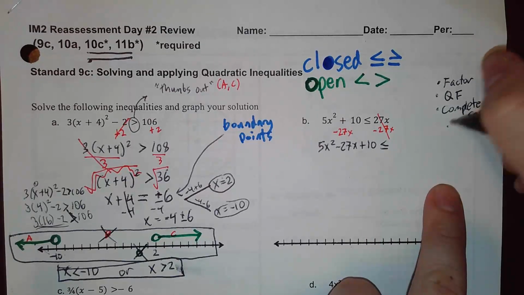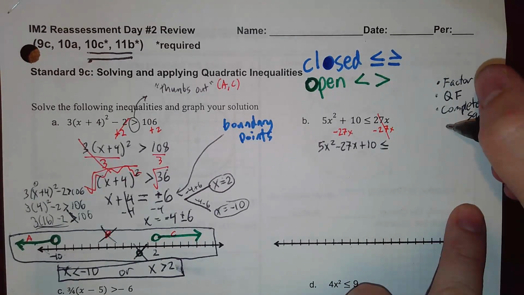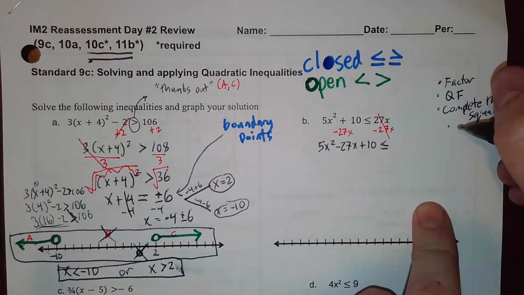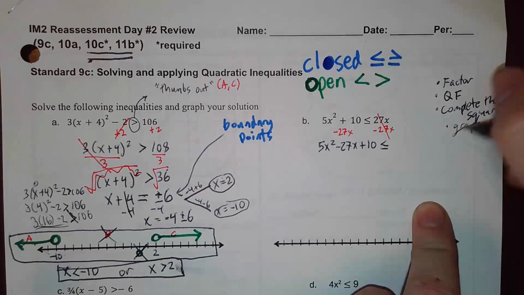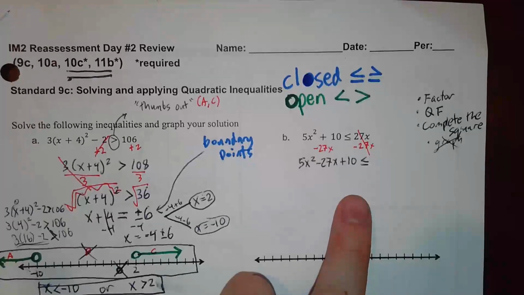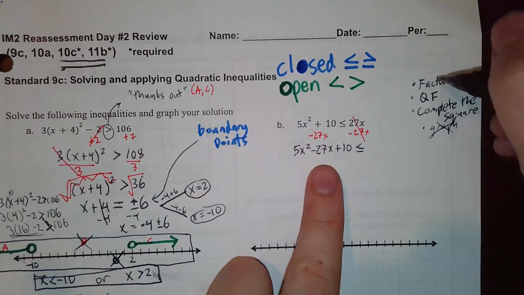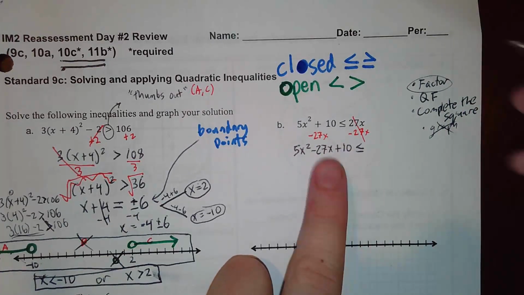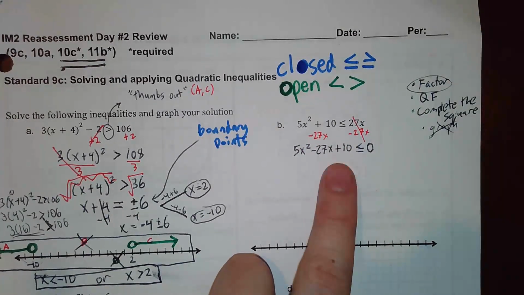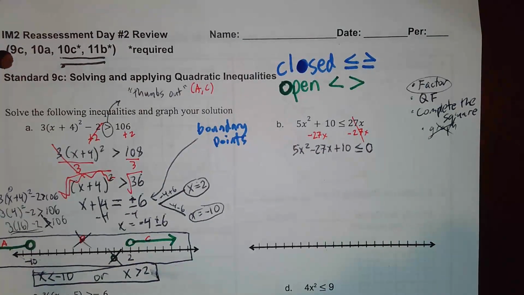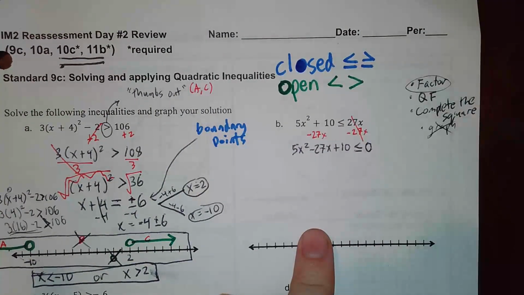And you can also try to graph it. You can graph it to see what your x-intercepts are. But in this case, I'm going to go ahead and solve it using factoring. Factoring is very important. So I'm going to go ahead and show us how it's done, how to factor.